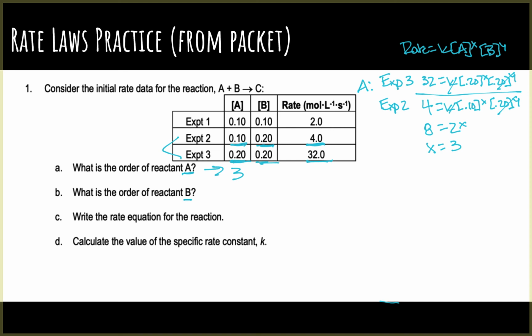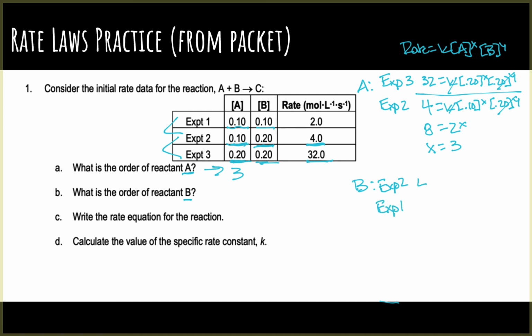Now we're going to do the same thing for B. For B, we're going to use experiment 2 and experiment 1, because A stays the same now, but B changes. I'm going to put experiment 2 on top, experiment 1 on the bottom.